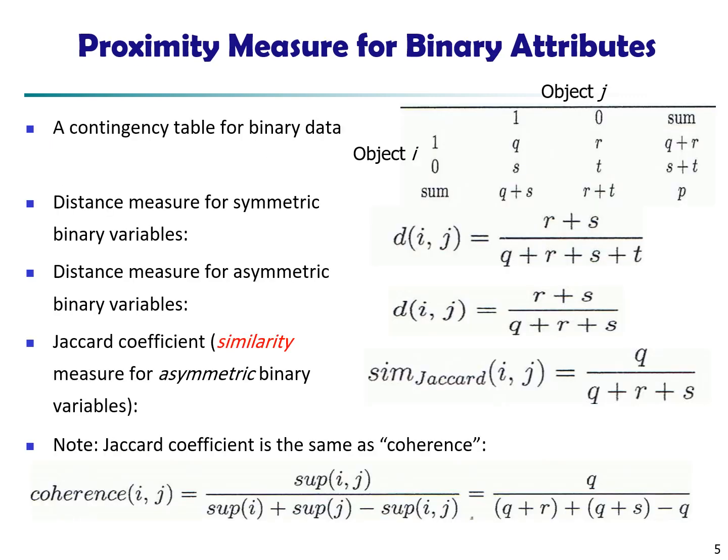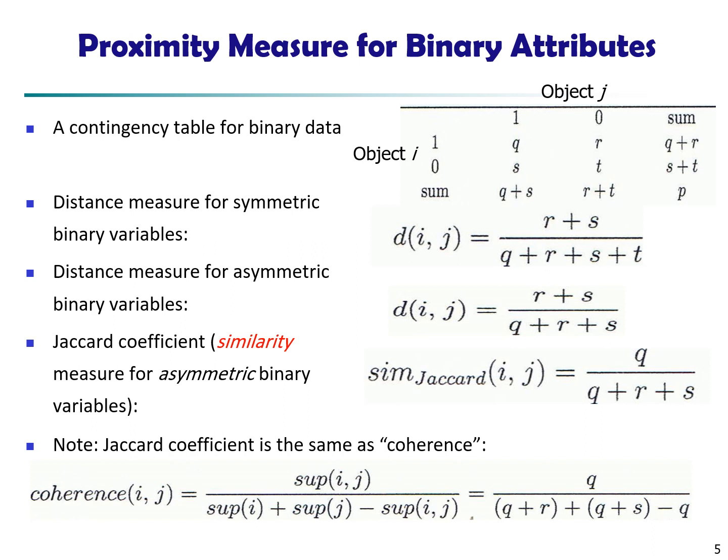Now we move to the proximity measure of binary attributes. The nominal attribute is a generalization of a binary attribute. A binary attribute takes two states, which is 0 or 1, yes or no, female or male, positive or negative.